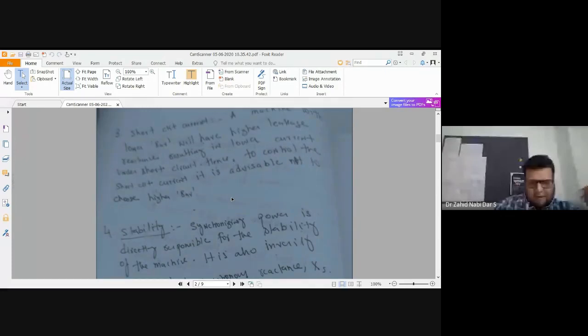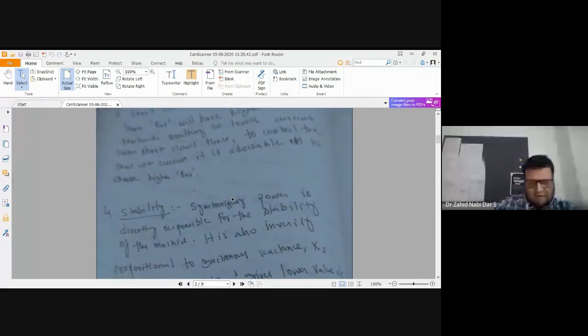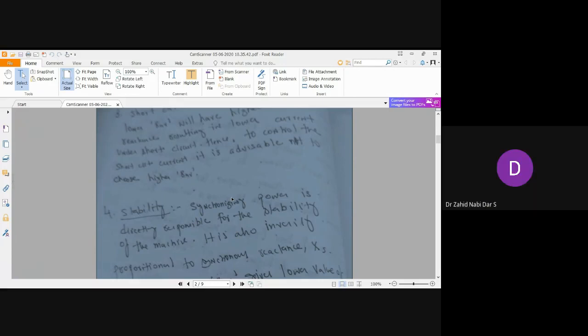So when you utilize a synchronous machine in a power generating station, there is transmission. The synchronous generator is connected to a transformer, that in turn is connected to a transmission tower, and that tower supplies power over a long distance. Then you have a pole mounted substation.